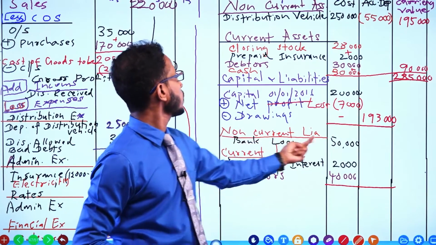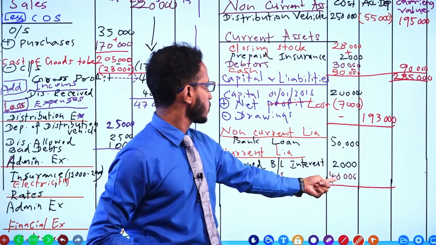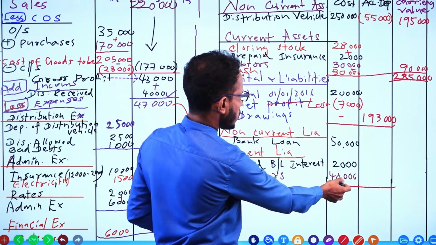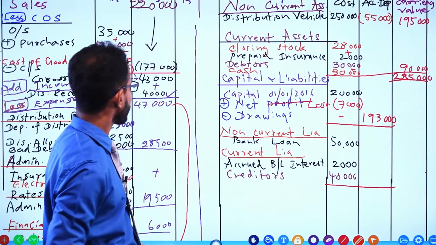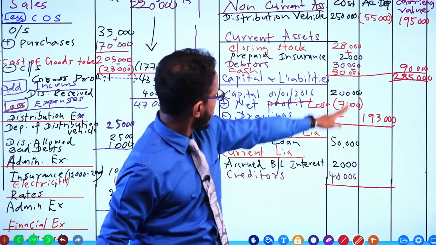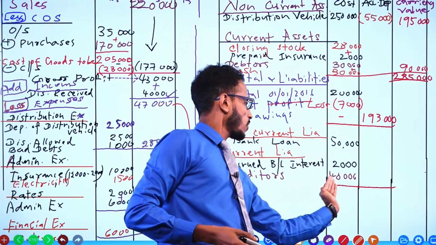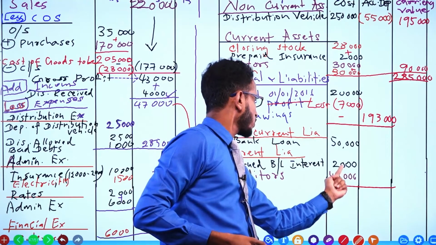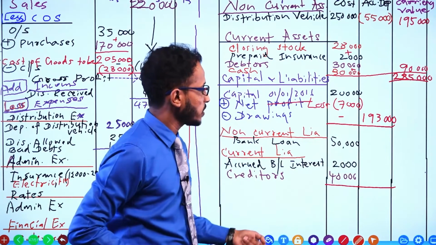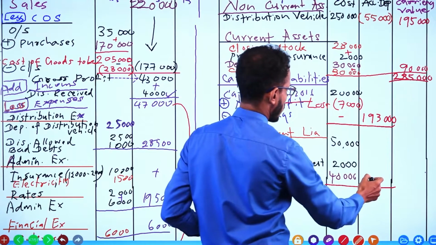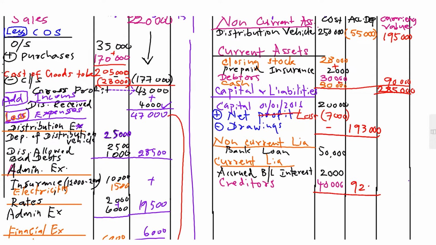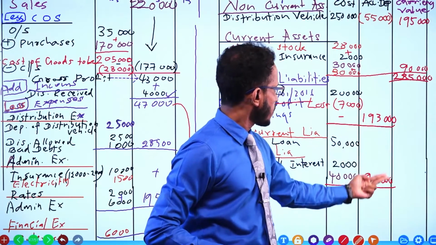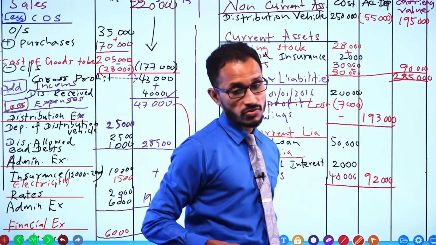Total of liabilities, 50,000 plus creditors 40,000 plus 2,000, 42,000. 50,000 plus 42,000, 92,000. When you add 193 plus 92, you should get 285.